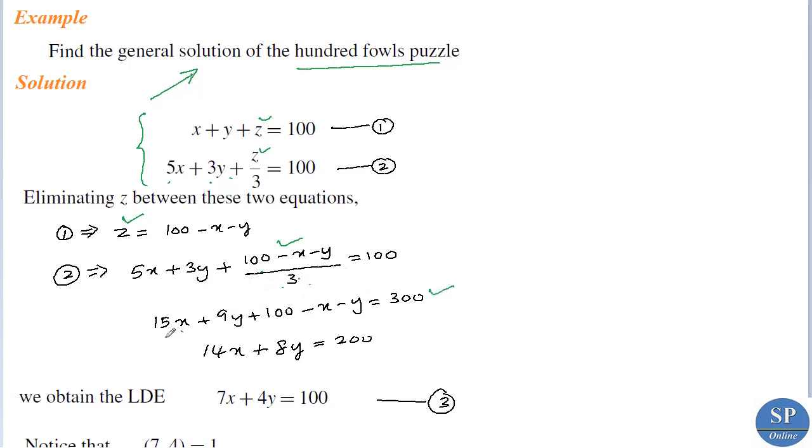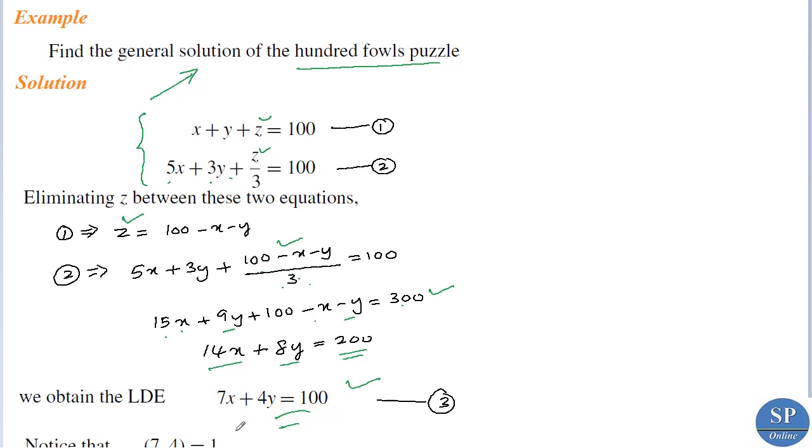So 15x minus x is 14x, 9y minus y is 8y, equal to 300 minus 100, that is 200. Dividing by 2 we get 7x plus 4y equal to 100. So eliminating z from these two equations, we obtain an LDE 7x plus 4y equal to 100.